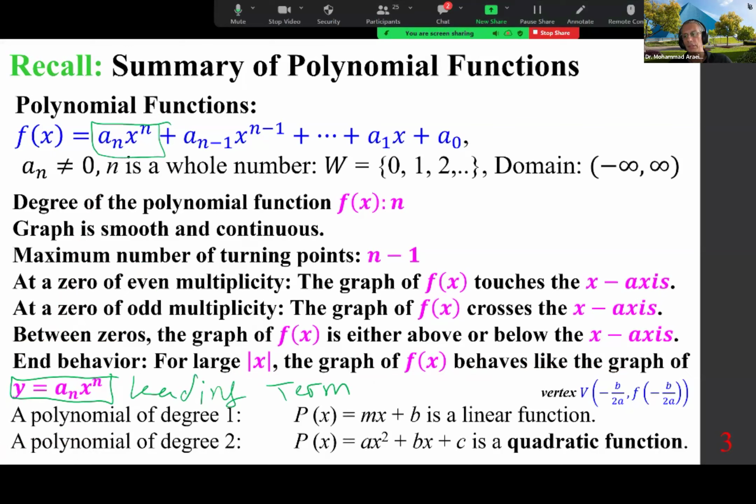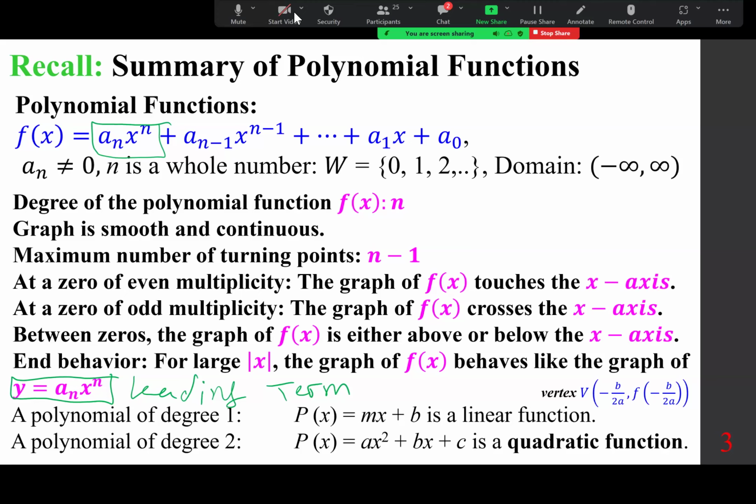So it's called the leading term, everybody. And a sub n is called the leading coefficient.